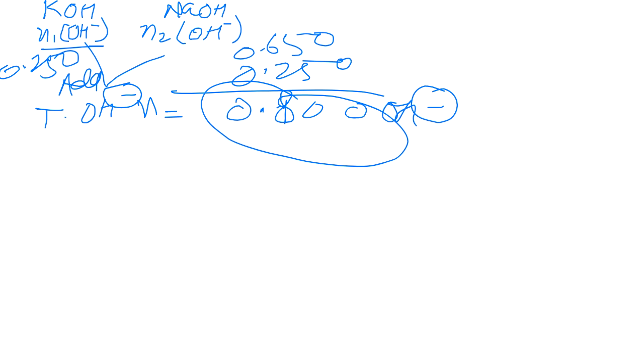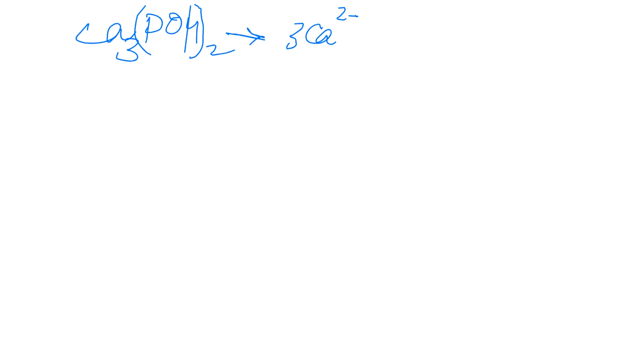Okay. All right. Now, suppose you have an example. Suppose you have calcium phosphate. This is the formula, Ca3(PO4)2. So you should know how many calcium we have: 3 Ca2 plus, because this 2 belongs to calcium and this 3 belongs to phosphate.